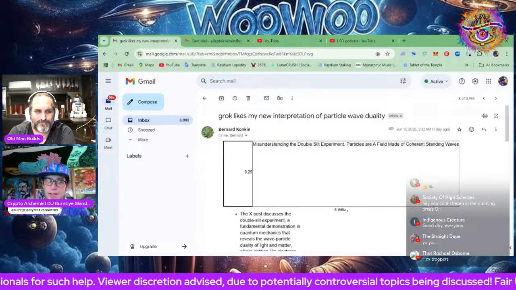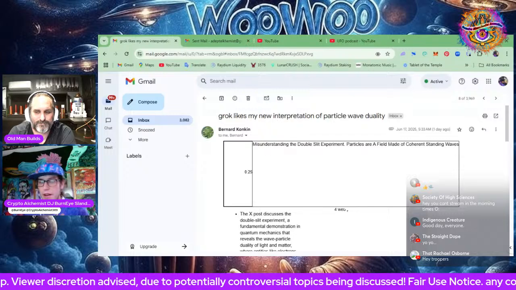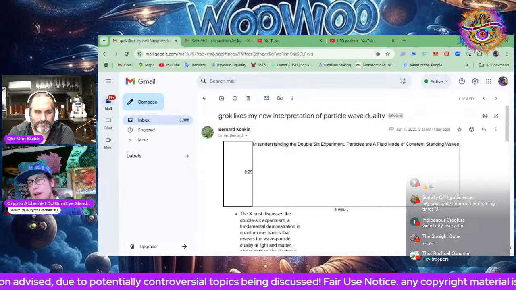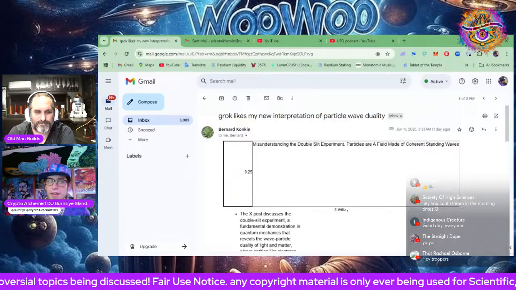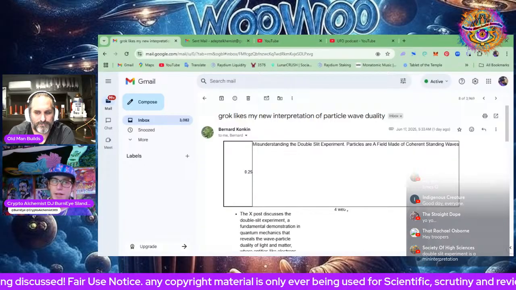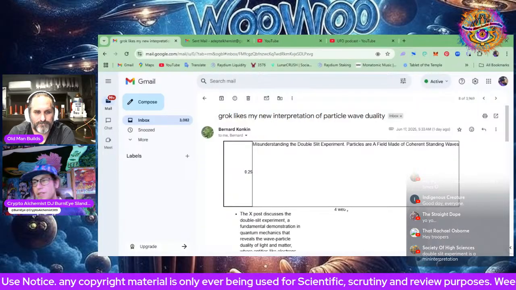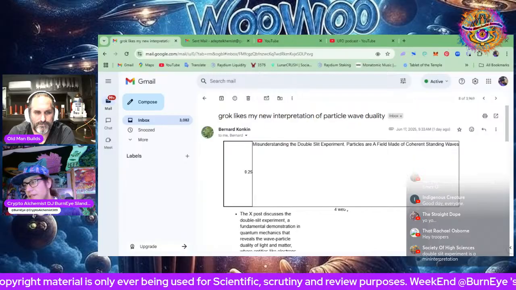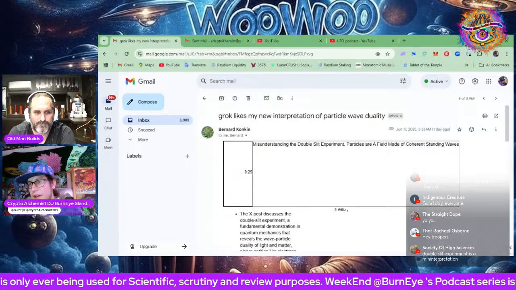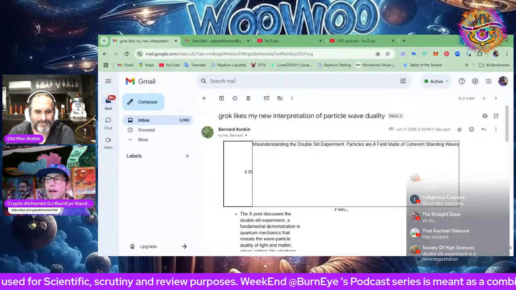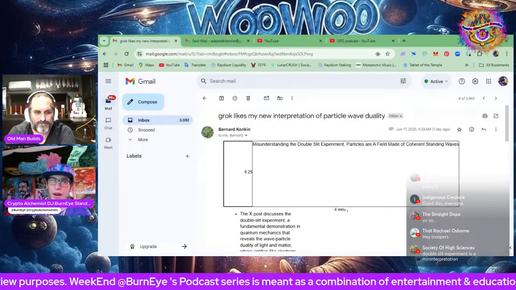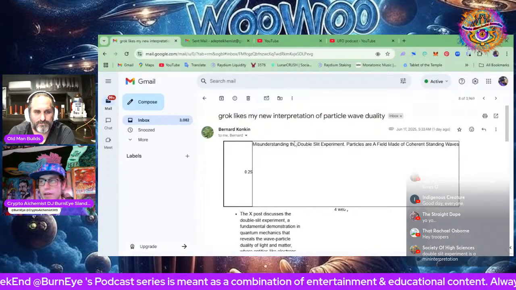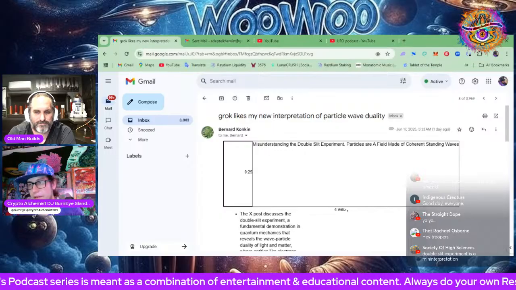That's a complete misconception. In fact, it is the substructure, the sub-Planck or subparticle that they're always trying to find at CERN, and it's actually fields. A particle is a field of coherent standing waves.